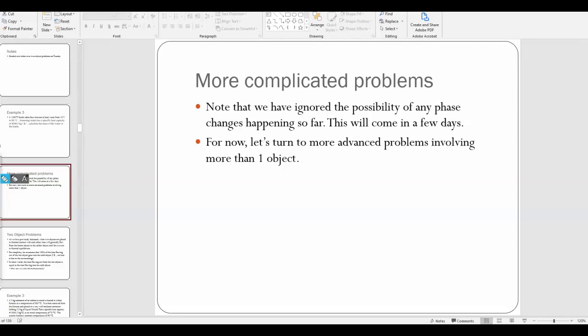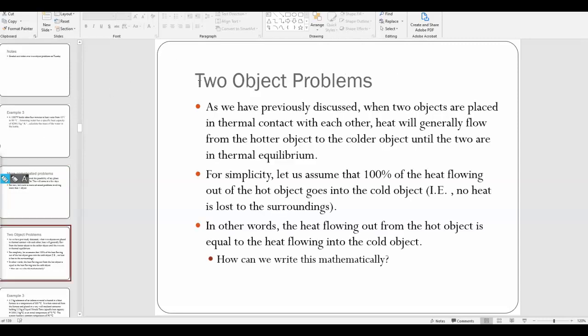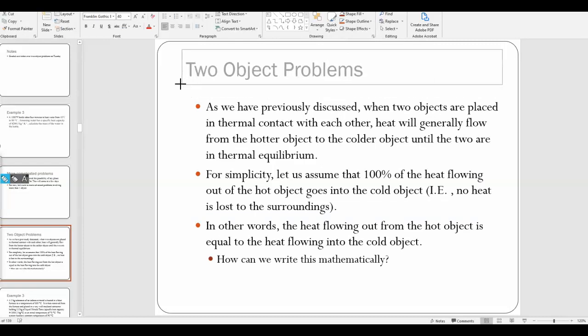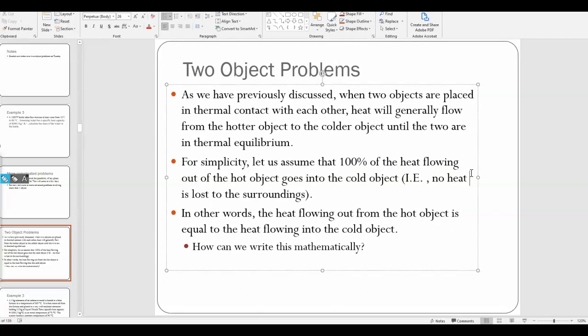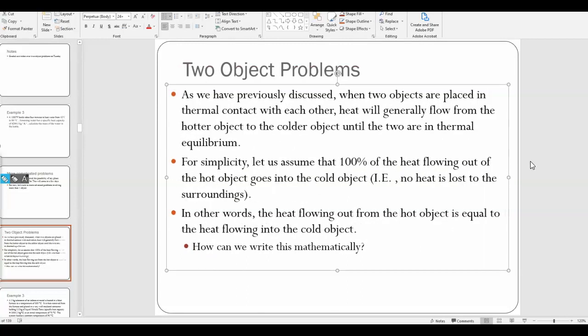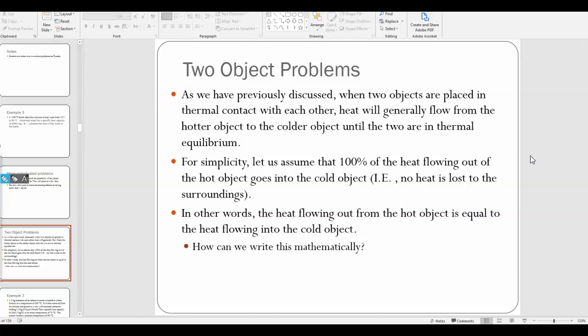Okay, so the basic premise of a two-object problem is this. You have two objects somehow placed in thermal contact with each other. And we know from the notes from the first day that when you have two objects in thermal contact, heat is going to flow from hot to cold until they reach what's called thermal equilibrium. That is when they reach the same temperature and there's no more net heat flow between them.